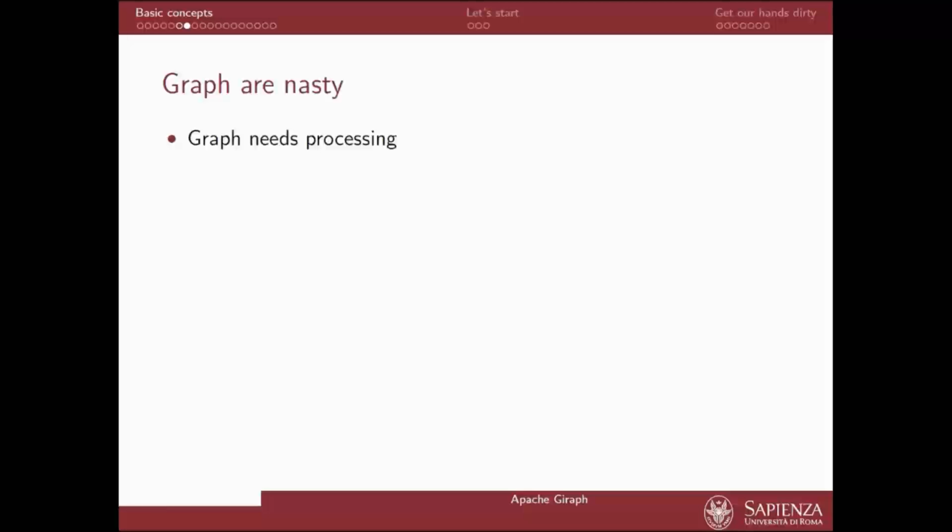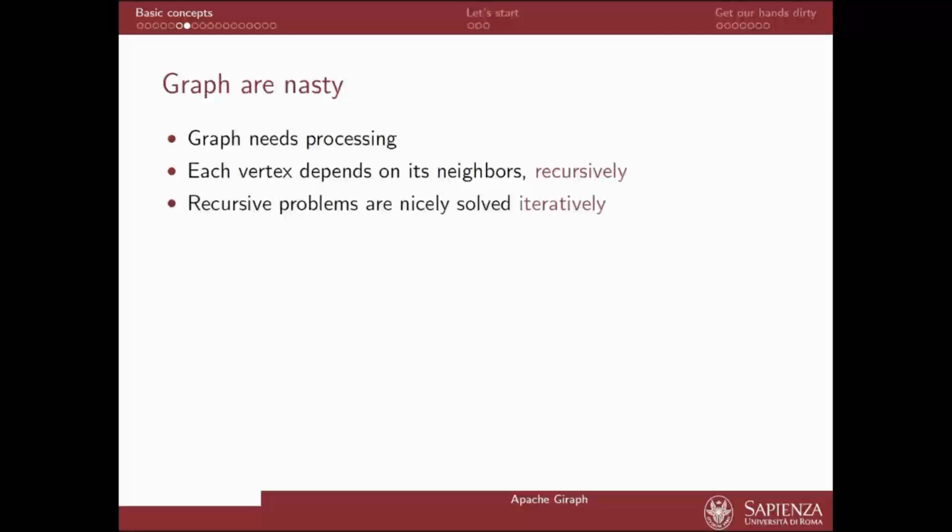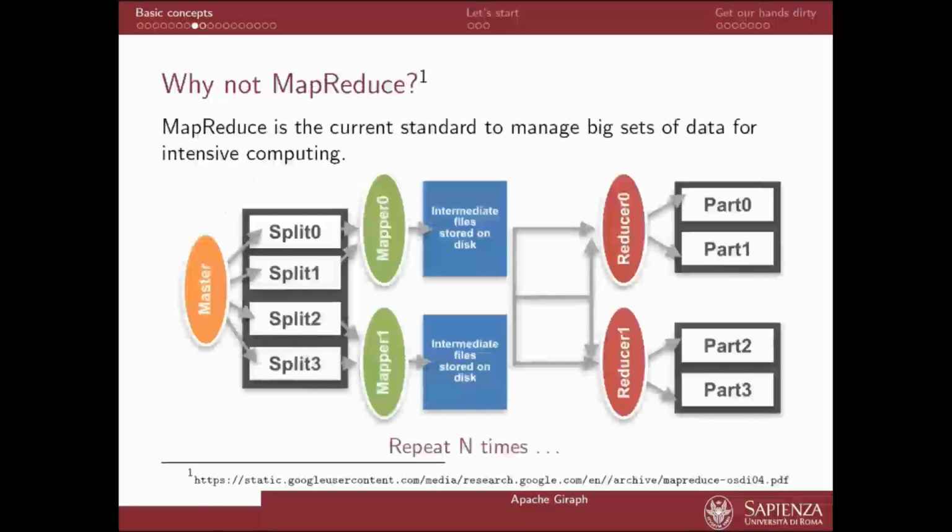And to process some algorithm on this huge data set, another problem arises when we find out that each vertex depends recursively on its neighbors, and so algorithms must be applied in an iterative way, and so this is why we cannot use the most commonly used paradigm to deal with big data.